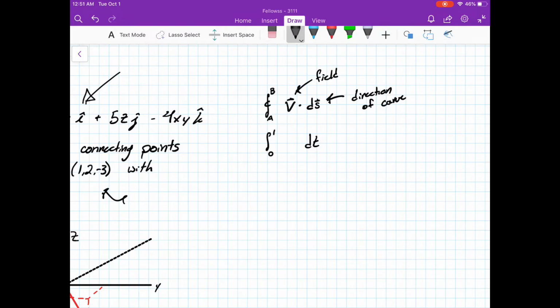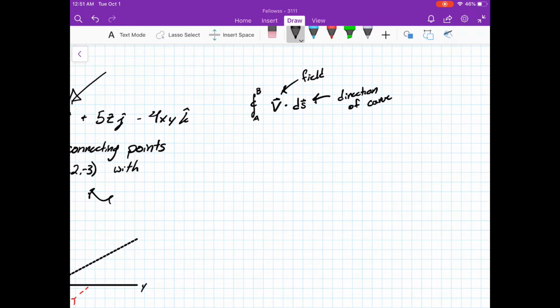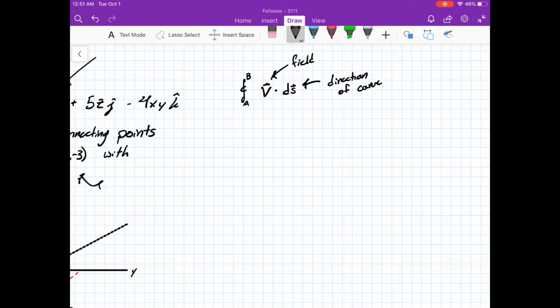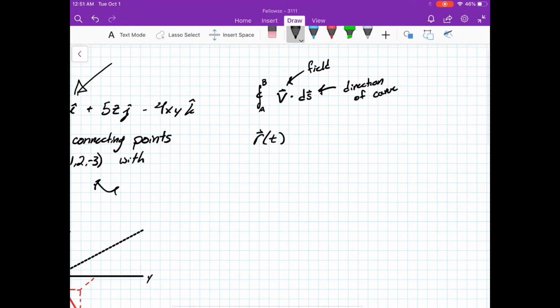So what we can do is first say, and I'm going to erase this just for a little bit, that we have some curve that we're going to parameterize in terms of t. So we'll call it r, a function of t. We'll make it real simple, we're just going from 0 to 1. That way, when we take the integral and evaluate at 0 and 1, it makes our life a lot easier.